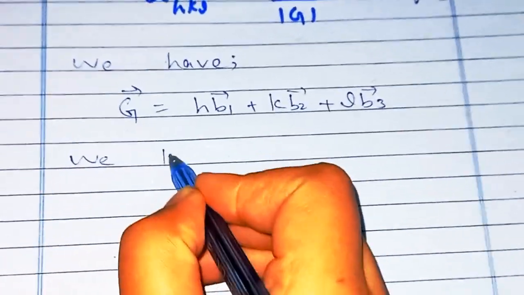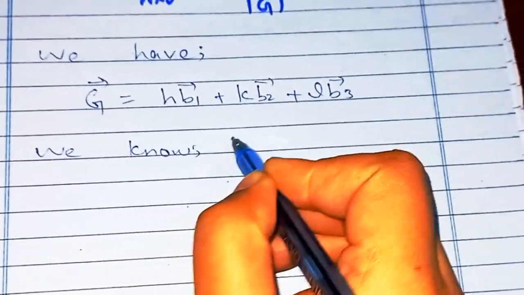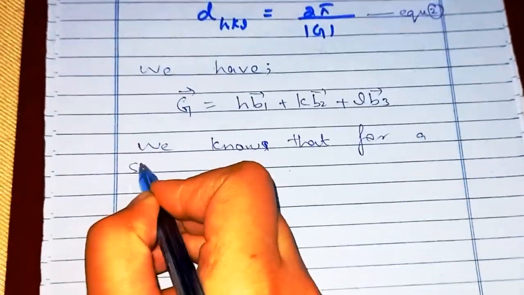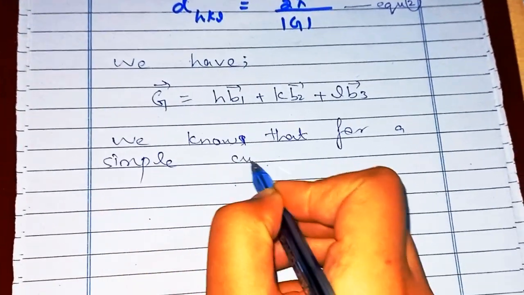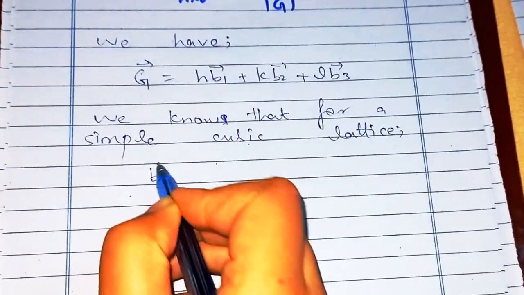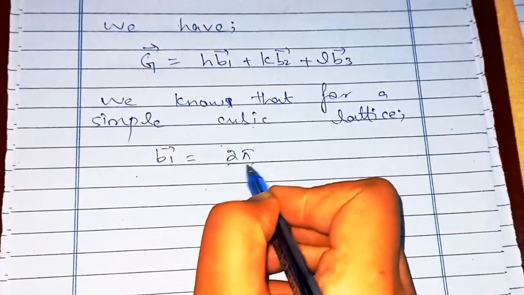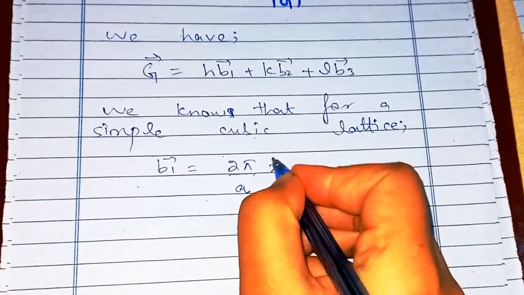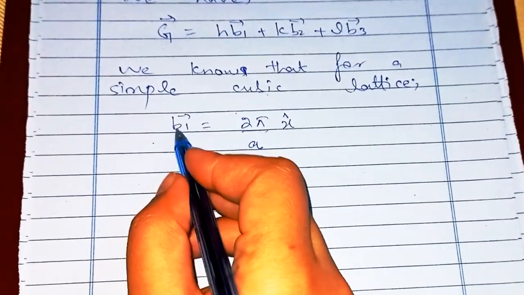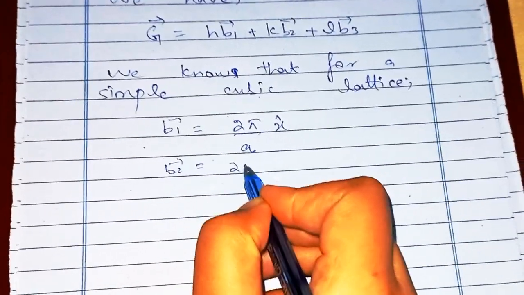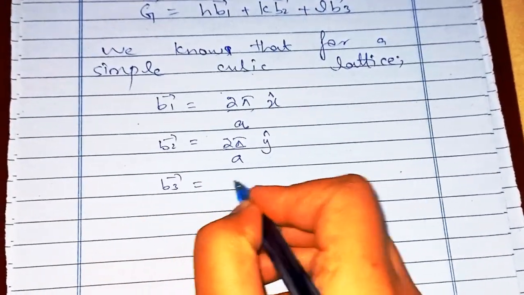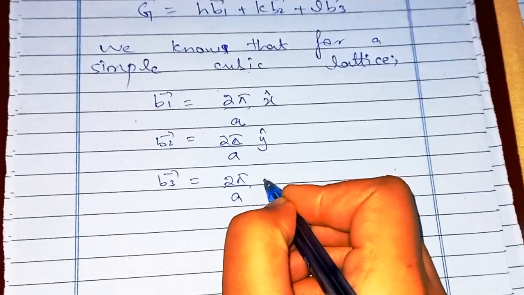And we know that for a simple cubic lattice, the b1 vector equals 2π by a x hat, b2 equals 2π by a y hat, and b3 equals 2π by a z hat.